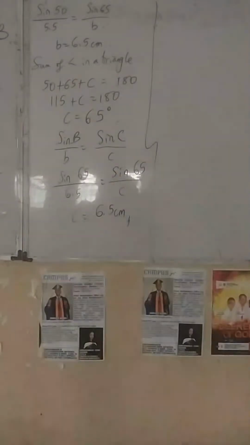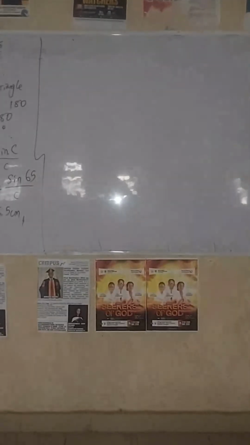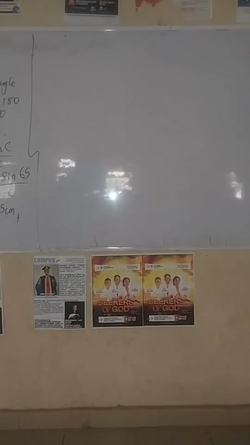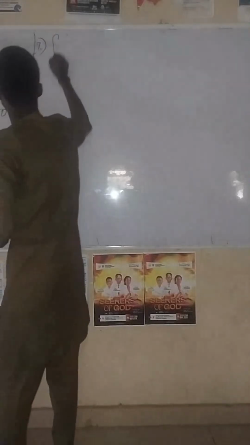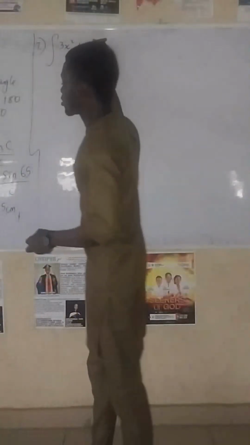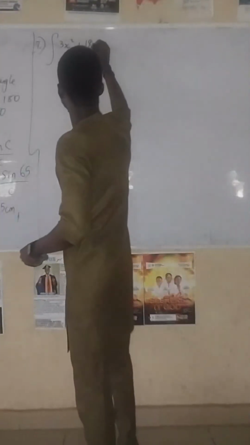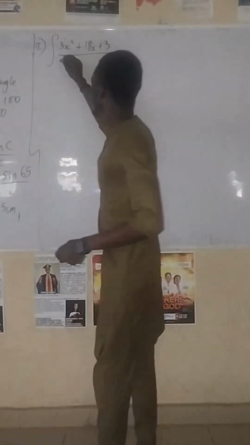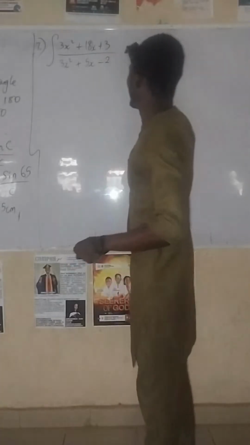Number 7. Integral of 3x squared plus 18x plus 3 all over 3x squared plus 5x minus 2.